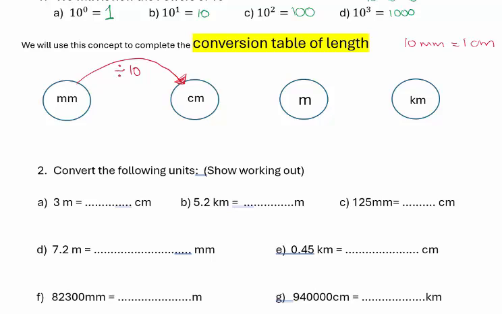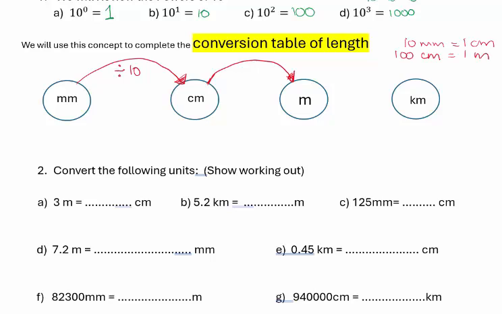So now I'm going from centimeters to meters. So again, notice the arrow direction from the centimeters to the meters. Now I know that 100 centimeters, so if you look at a meter ruler, is 1 meter.